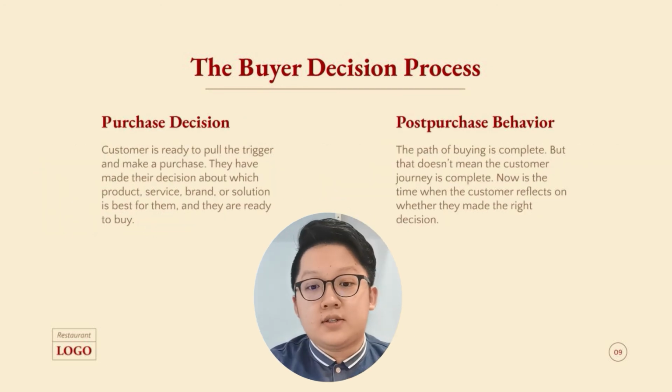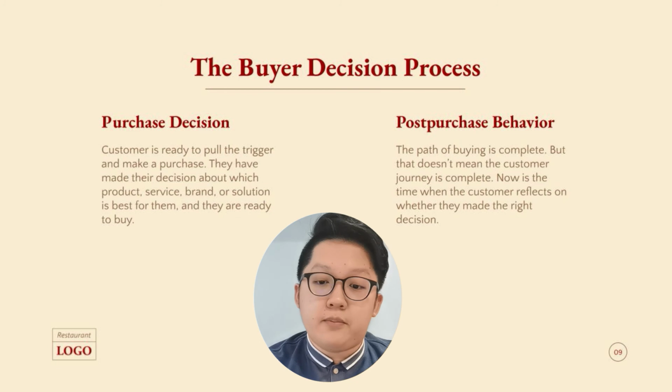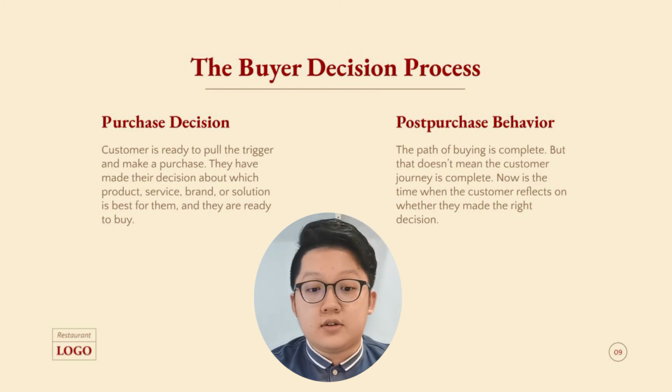The fourth step of the buying decision is the purchase decision. The customer is ready to pull the trigger and make a purchase. They have made their decision about which product or service, brand or solution is the best for them, and they are ready to buy. The research and evaluation are over, so now the customer just needs it to be simple to buy.